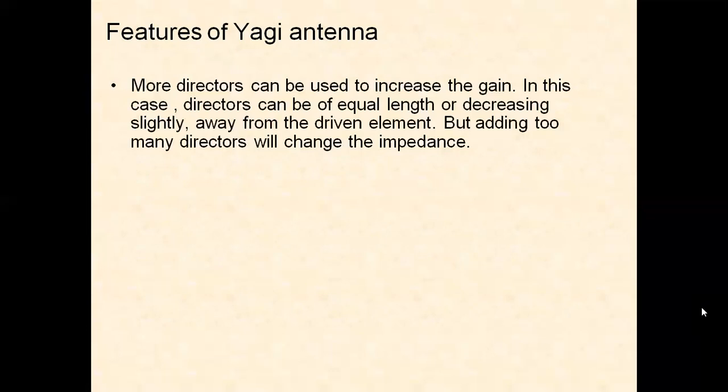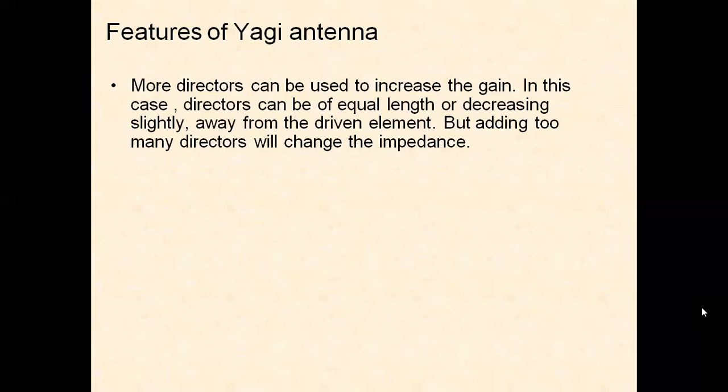But adding too many directors will change the impedance. That is why select the number of directors in such a manner that there should not be any impedance mismatch. Seek the proper balance between the elements and the overall impedance of the Yagi antenna, so that there is a better coupling of this antenna to the space.